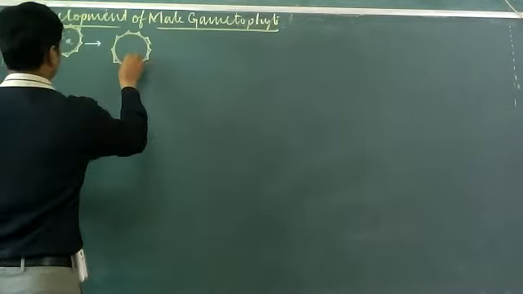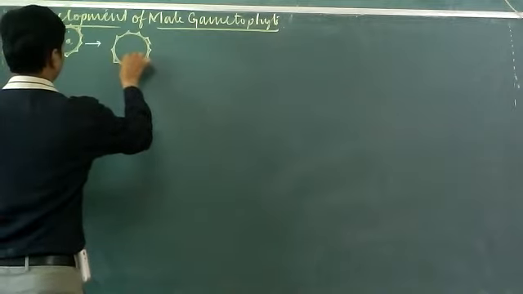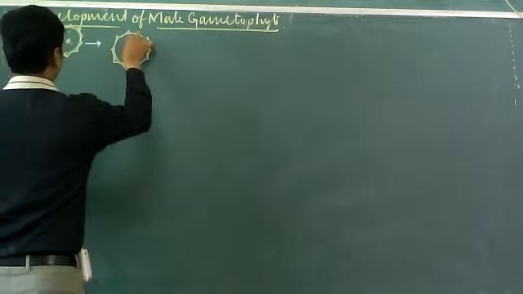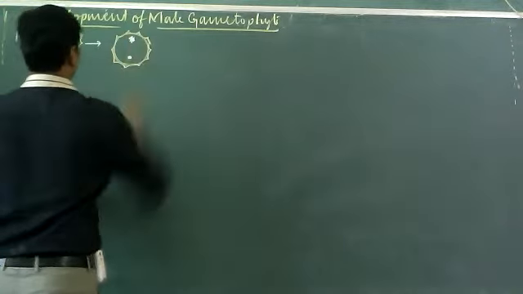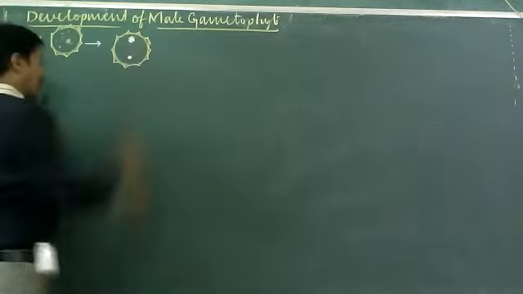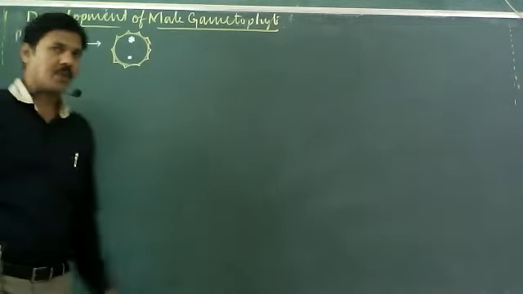So the nucleus undergoes one mitotic division for the first time. One small nucleus, one larger, irregular-shaped nucleus.